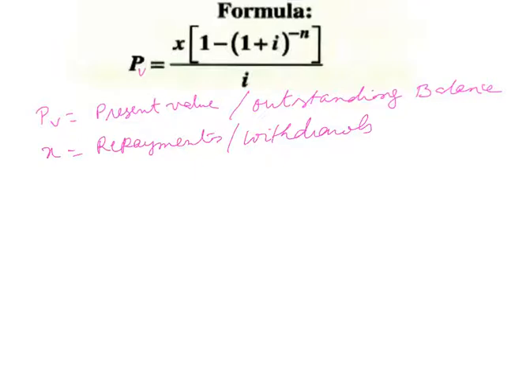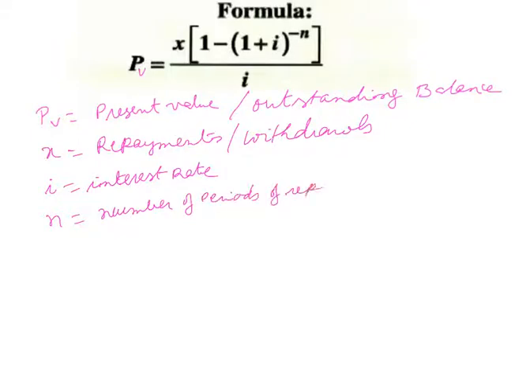Next is i. i is my interest rate. n is the number of periods, the number of periods of repayment.